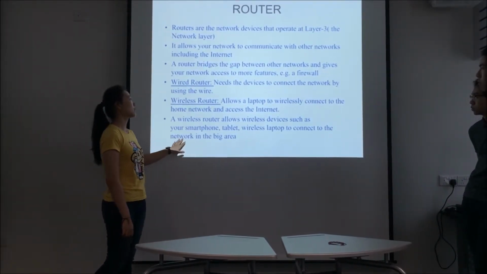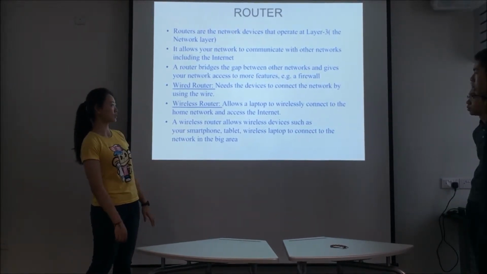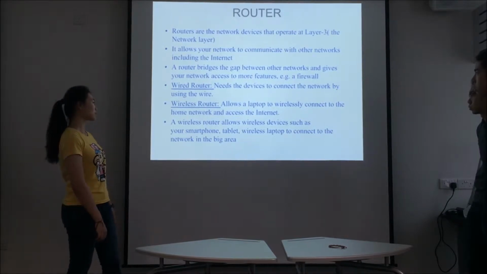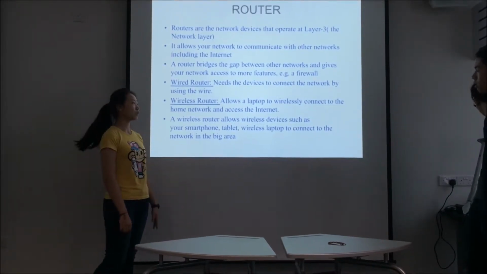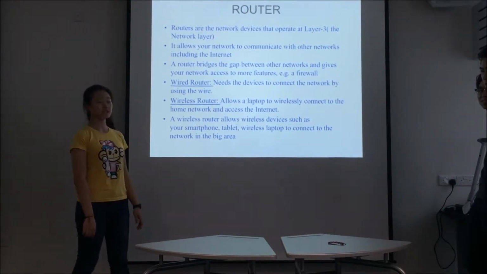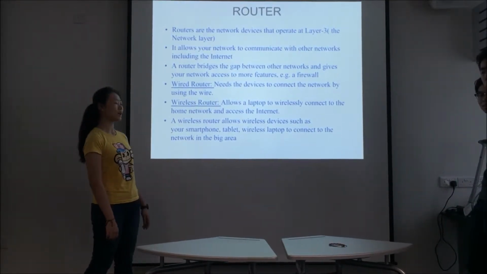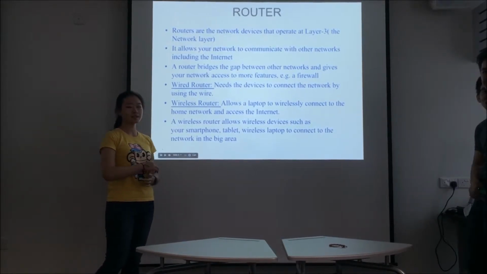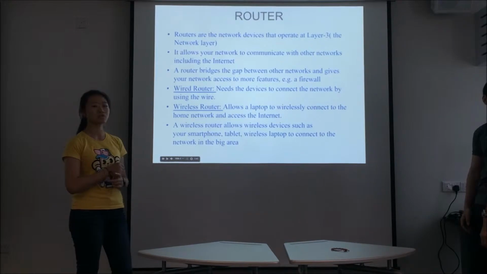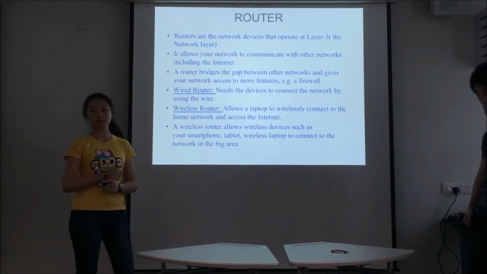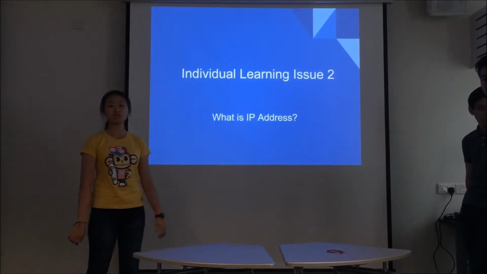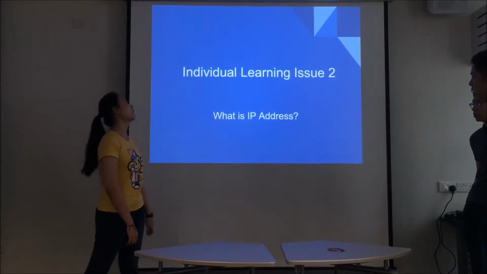For the wired router, it needs devices to connect to the network by using a wire. But the wireless router allows the laptop to wirelessly connect to your home network, which is more efficient. And the wireless router allows wireless devices such as laptops, tablets, or your phones to connect to your network in a big area. And let's move on to the second learning issue, which is the IP address.